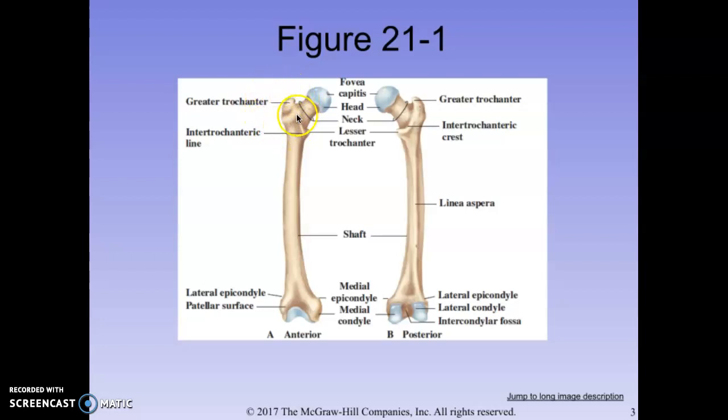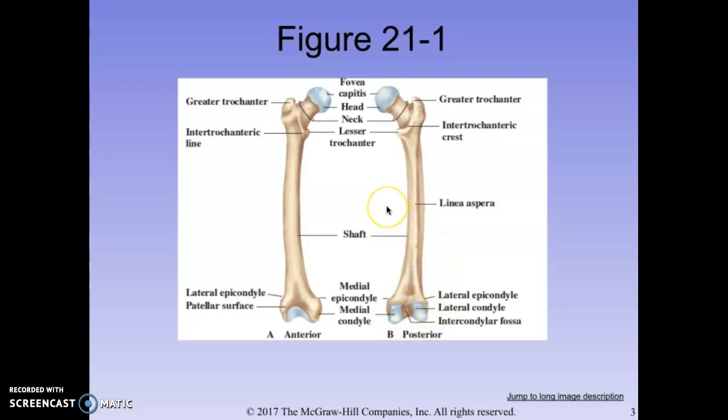That's a big attachment site for a lot of muscles that are in the posterior part of your hip, your glute muscles and piriformis and stuff like that. So that's an attachment site, femoral head. Okay, and then this long part is the femoral shaft. Okay, and then down here distally we get into the knee joint. So we'll talk about all this stuff when we do the knee.